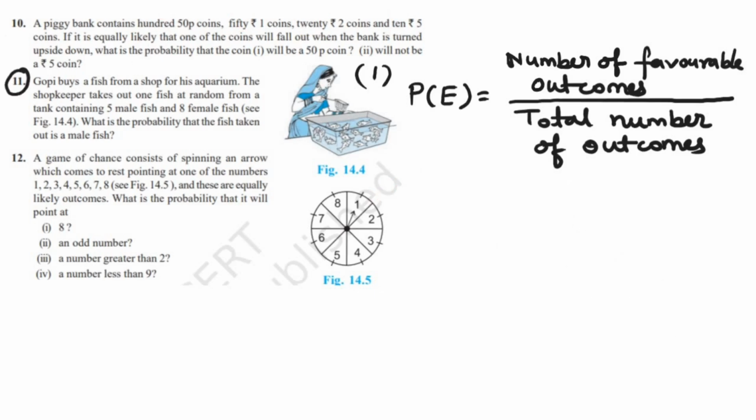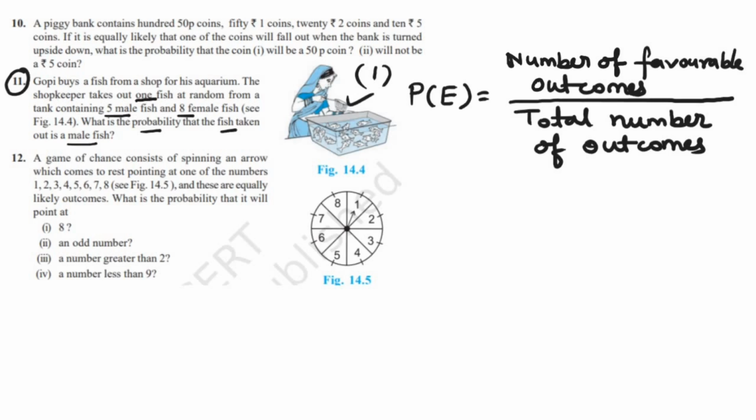Now the 11th question. Gopi buys a fish from a shop for his aquarium. The shopkeeper takes out one fish at a time at random from the tank containing 5 male fish and 8 female fish. We have to see this diagram that is shown here. What is the probability that the fish taken out is a male fish?